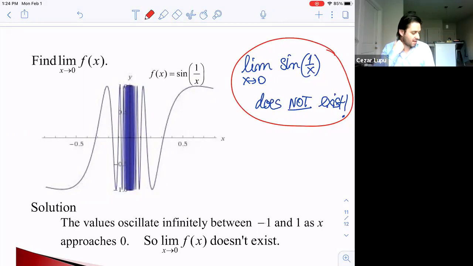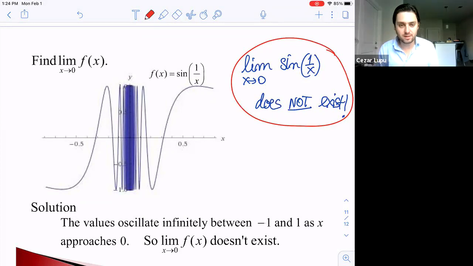It basically says that sine is a periodic function, and as x approaches 0, 1 over x will approach infinity, from the left-hand side negative infinity, from the right-hand side positive infinity. And there is a theorem which says that a periodic function does not have a limit at plus or minus infinity unless the function is constant, but this is not the case. So therefore, the limit does not exist.